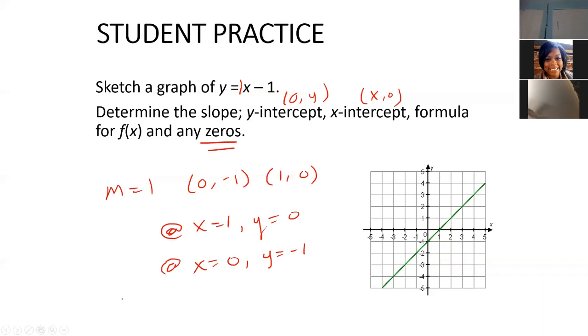Depending on the problem, it'll be more specific. If it's asking for the 0, that's your y-intercept. If it's asking for any zeros, that's when you're identifying your x-intercepts. The difference between zeros and intercepts is that for zeros you're saying where they're located, while an intercept is writing it as an ordered pair. It's the same thing, just asked differently.